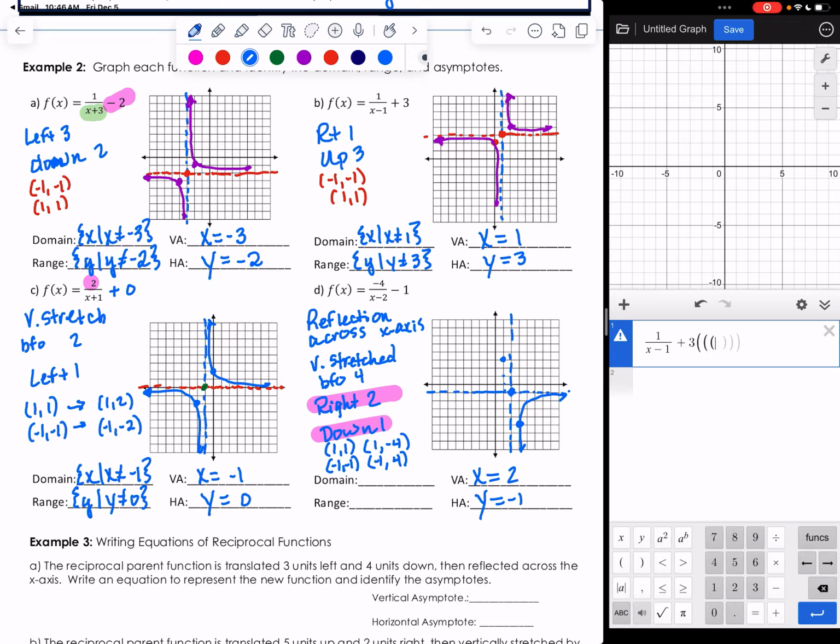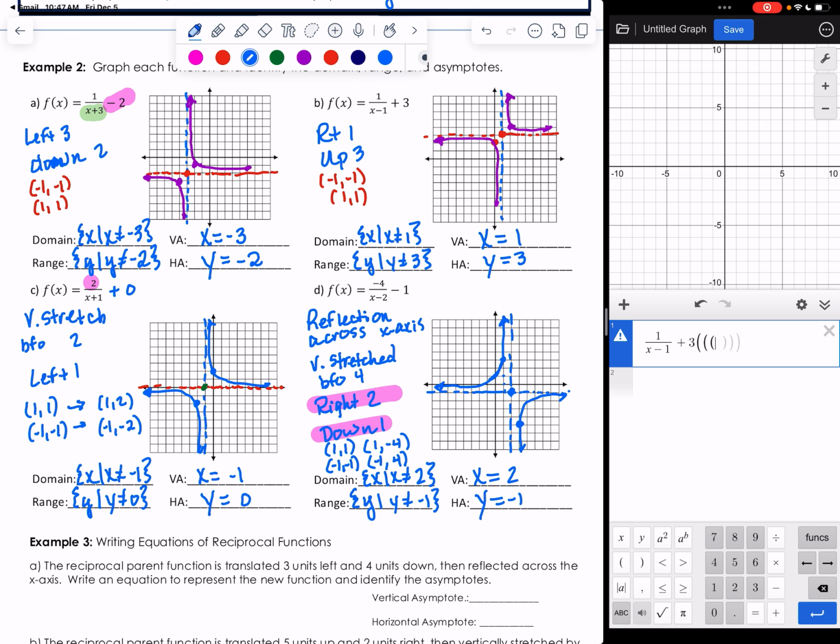So that's where the branch is going to curve. So it'll curve this way and then this way. So for the domain, the set of all x's such that x cannot equal 2. For the range, the set of all y's such that y cannot equal negative 1.